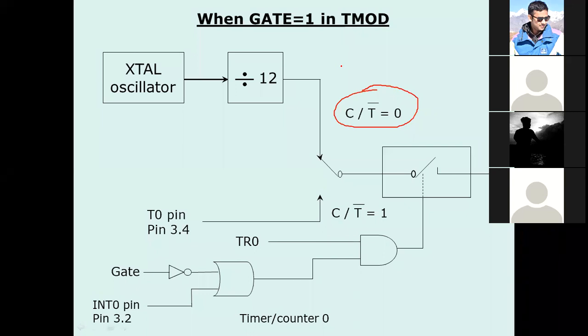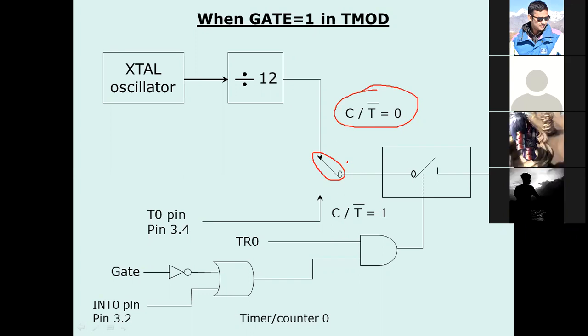Now see that this is acting as a switch. This switch is connected to C/T bar equals 0. That means what? Counter operation is happening?